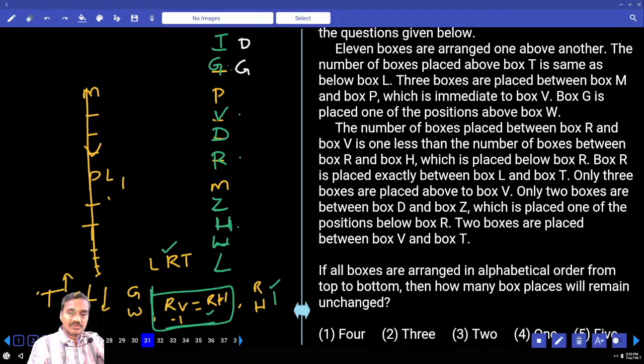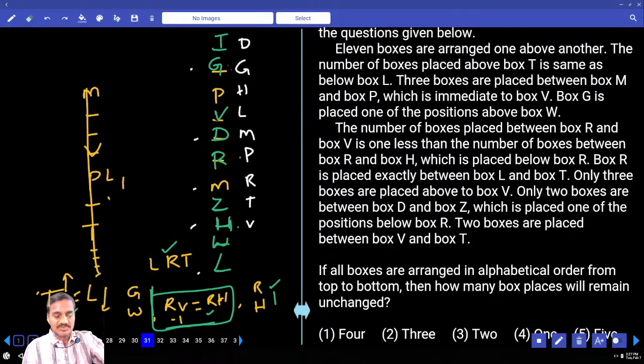And D, next one G, then H. DGH, next to H is L, next to L is M. L M, next one P, P, R, next one T, V, Z. W and Z.